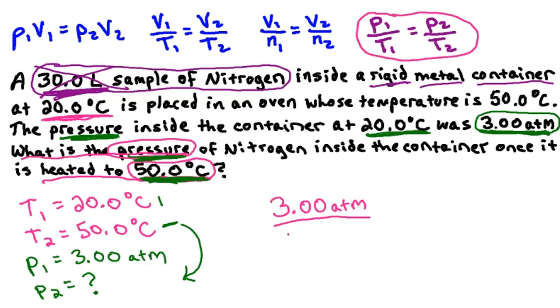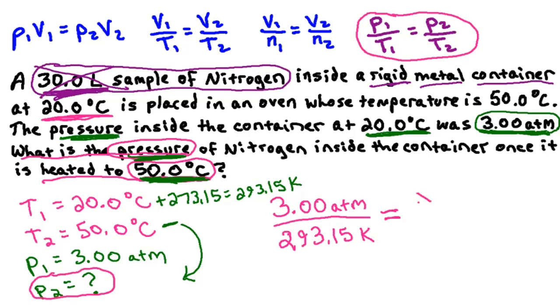So 20 degrees Celsius plus 273.15 equals 293.15 kelvins. So our T1 is 293.15 kelvins. And that's all going to equal our P2, which is our question mark. So we're going to put down X for P2, over our T2, our final temperature, which is 50 degrees Celsius.